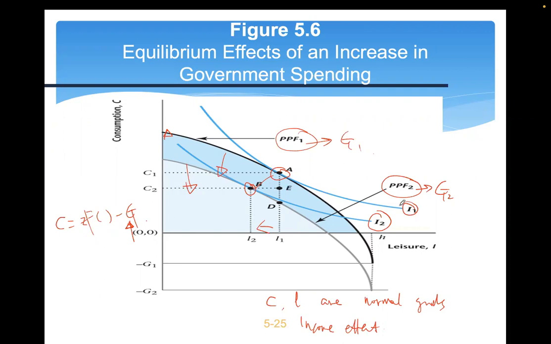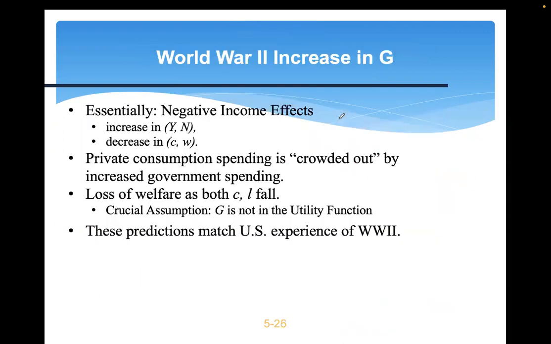The income effect comes from the increase in government spending. To summarize, the increase in G has a negative income effect. So it is going to decrease consumption, and decrease leisure.